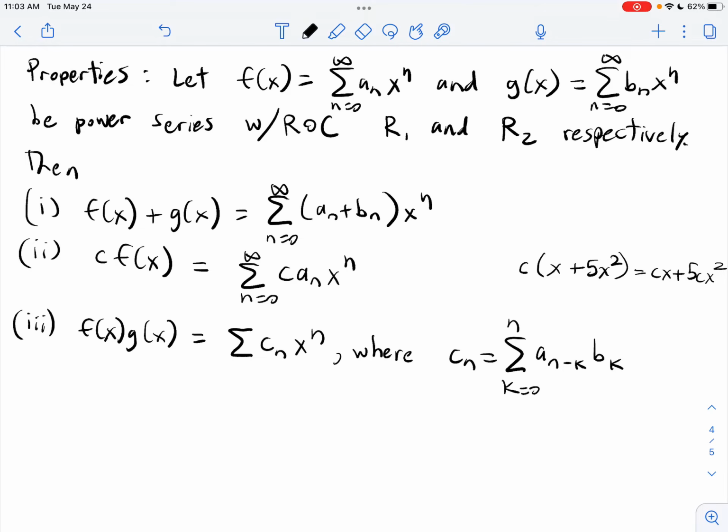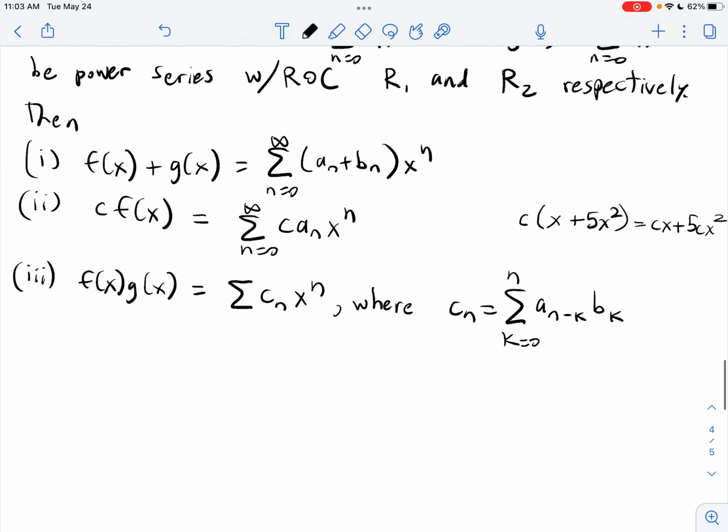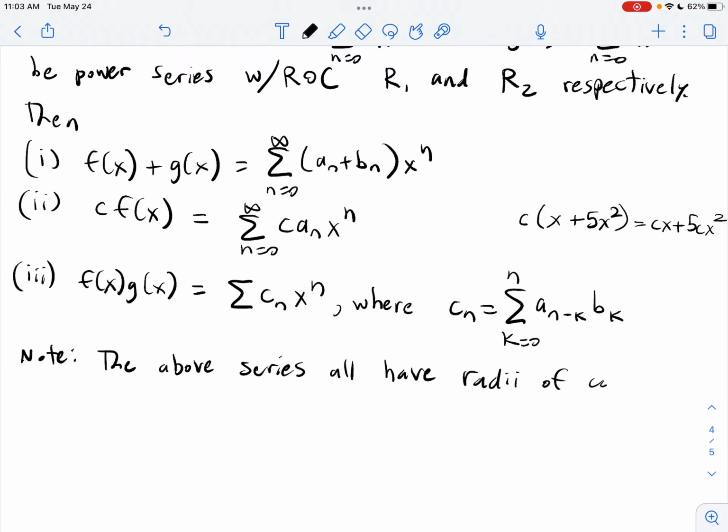It's also worth noting that if you have these two radii of convergence, R1 and R2, the above series all have radii of convergence.